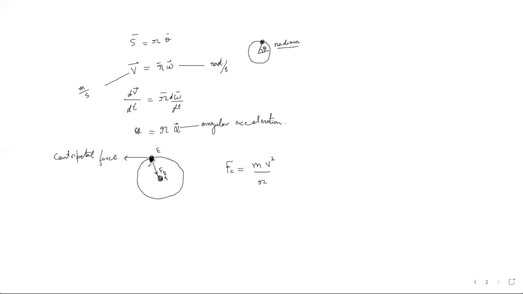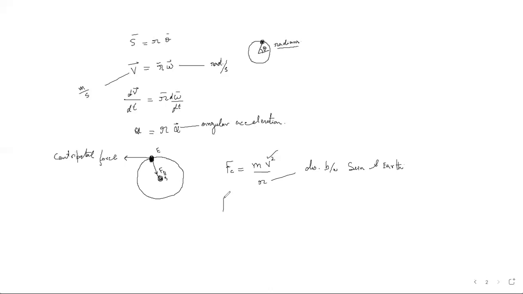For example, in our example of sun and the earth, we can say this r is the distance between sun and earth, isn't it? Very good. So now from this equation, we know what is the relation of this linear velocity with the angular velocity.